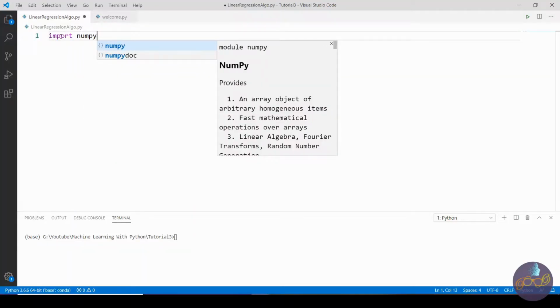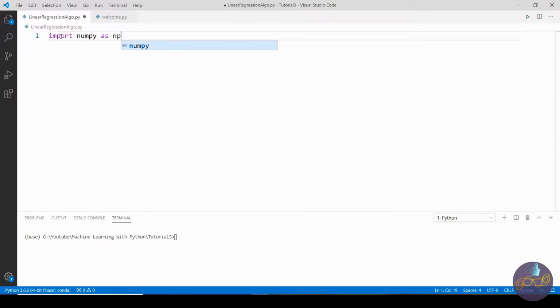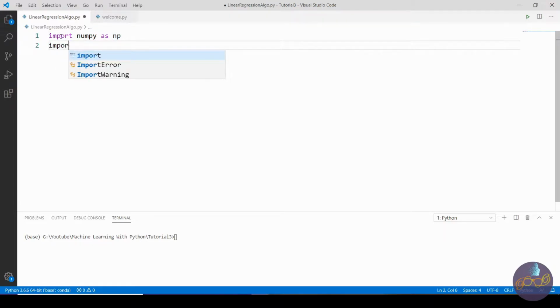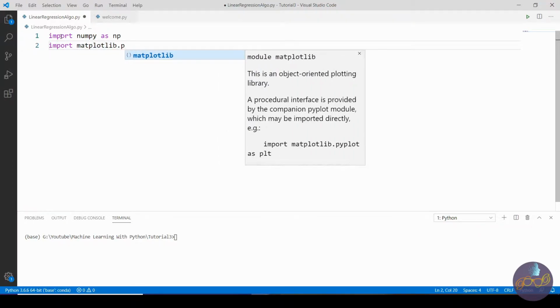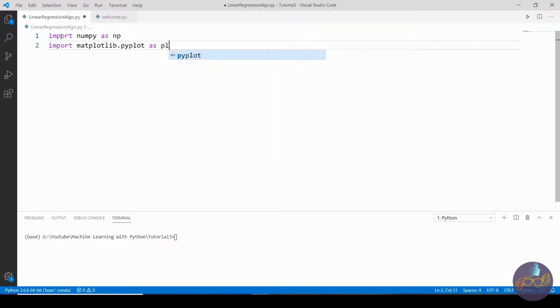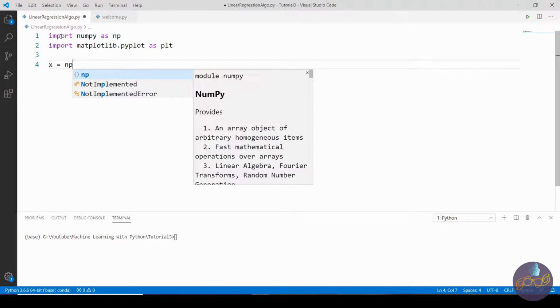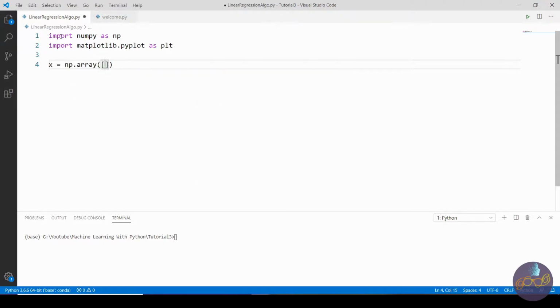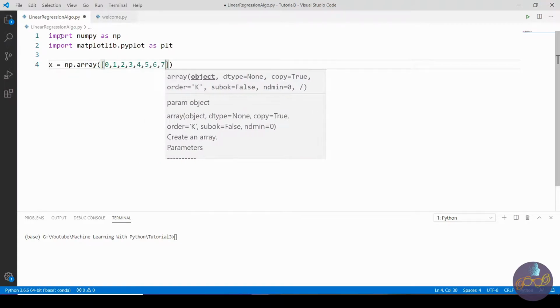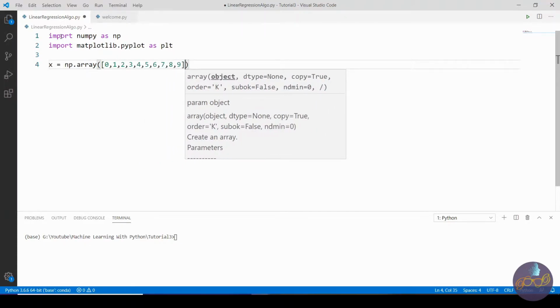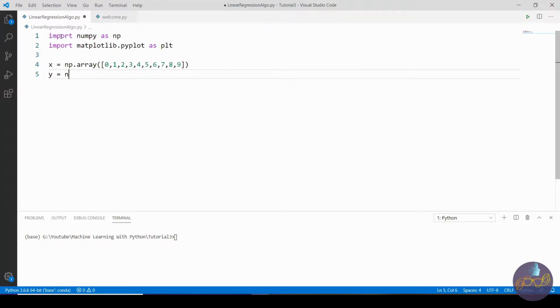Okay, first import numpy as np, import matplotlib.pyplot as plt. Okay, now let's make a numpy array of 0 to 9, meaning length 10. So right here, 0 to 9, and let's define an empty numpy array and call it y.